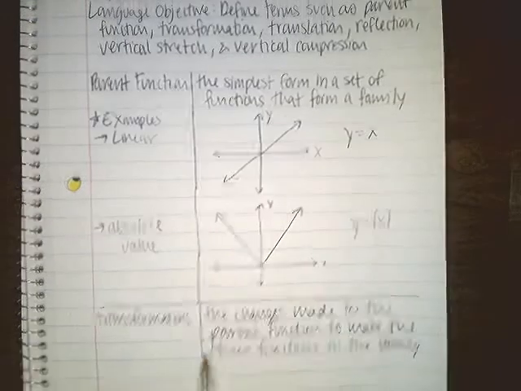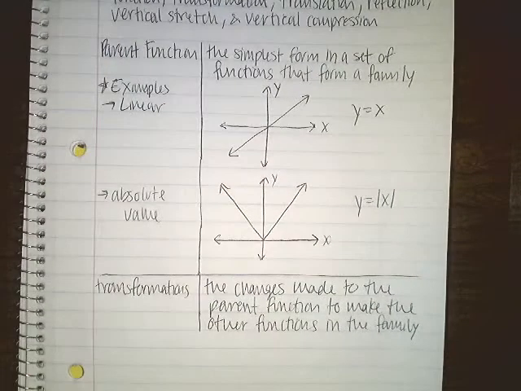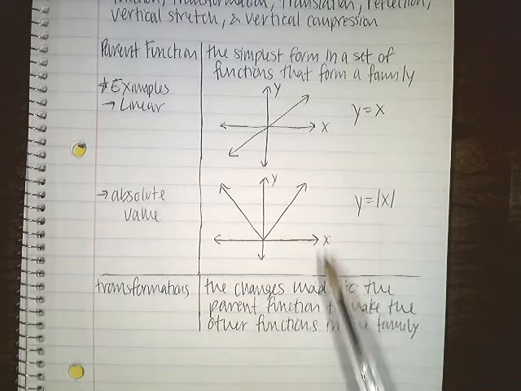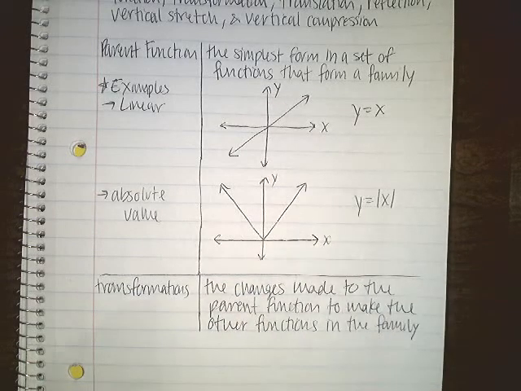So transformations are the changes we make. We can add things, subtract things, multiply, divide, and those are the changes we can make to functions like these, as well as several other parent functions we'll learn about later down the line, that can make every other linear function or absolute value function or quadratic function or exponential function that we could possibly want to work with.